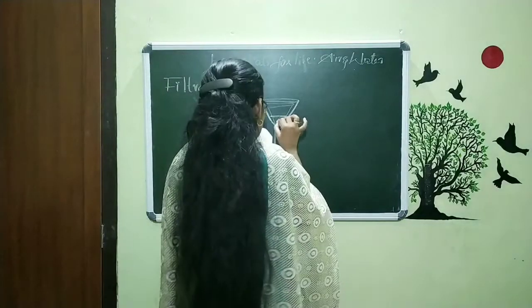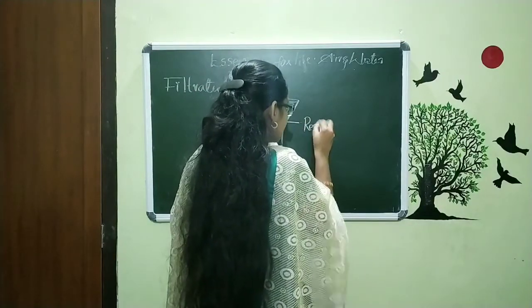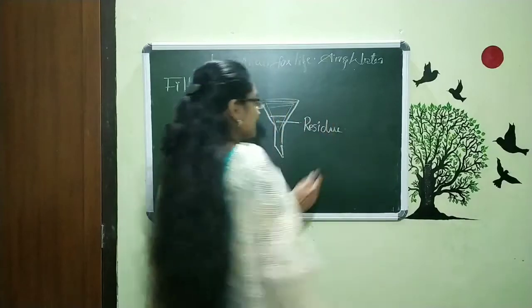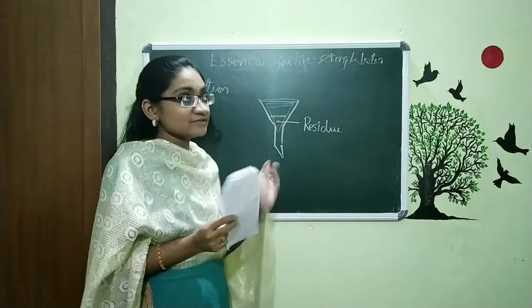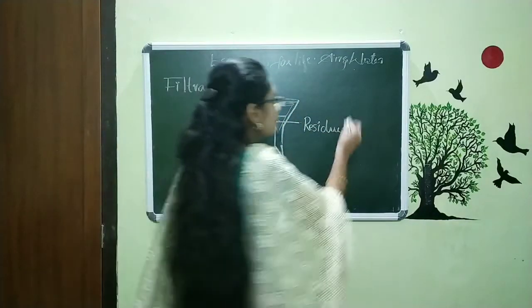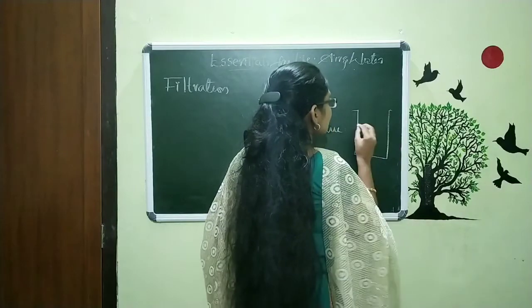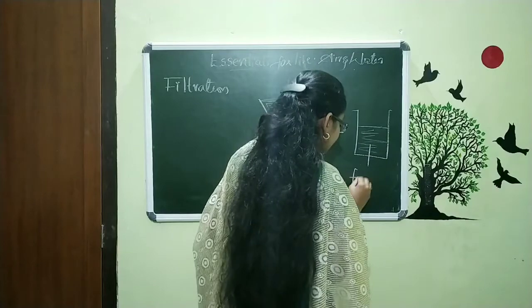So this sand is called residue. R-E-S-I-D-U-E. Residue. So what we get inside the filter paper is residue. And we separated the pure water in another beaker. So this is filtrate.